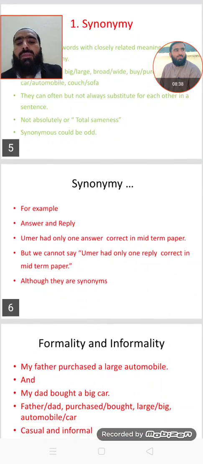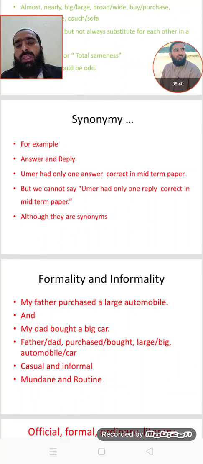For example, answer and reply. Answer and reply are two words, they both are synonyms, but we can't write one instead of the other. For example, Umar had only one answer correct in his midterm paper.